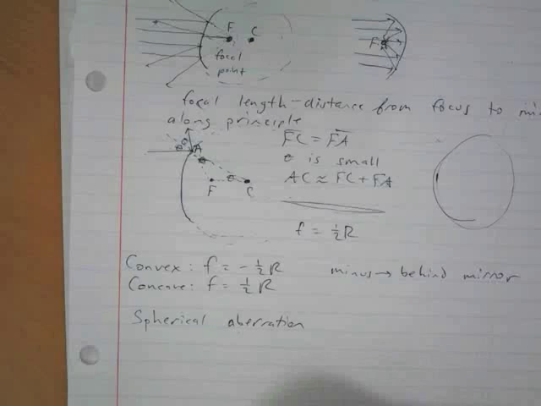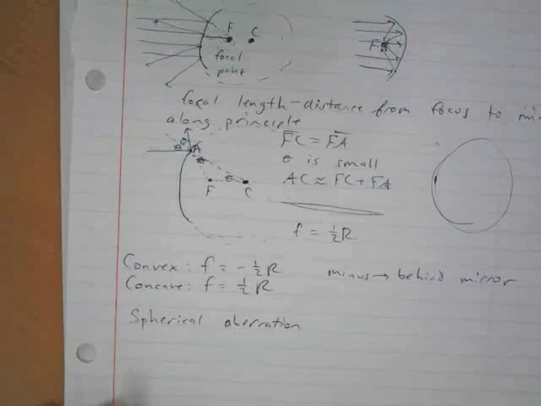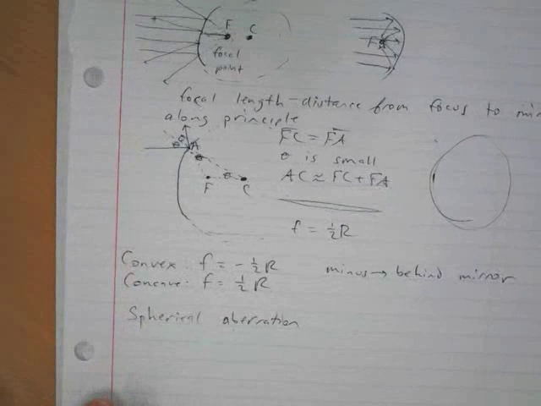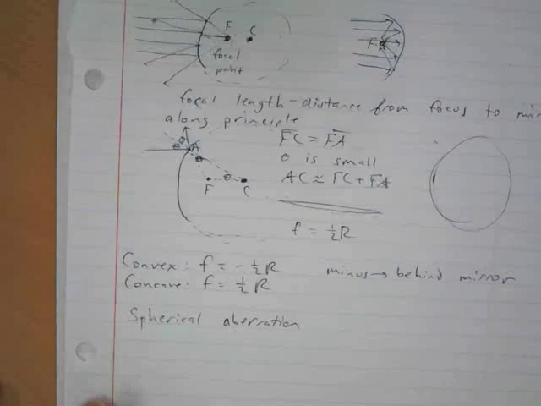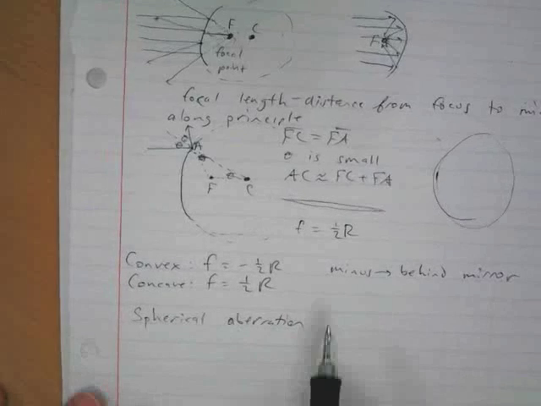That's because of this approximation we're making that these angles are very small. So the rays don't all quite converge at the focus if you get too far away from that principal axis. Now we can fix that.